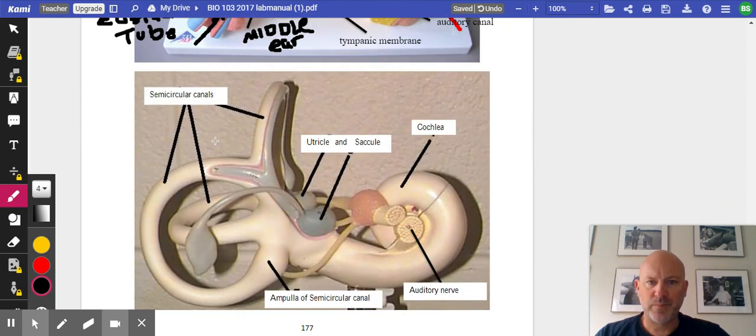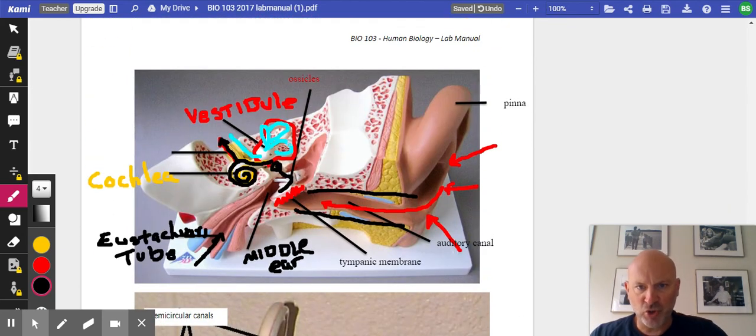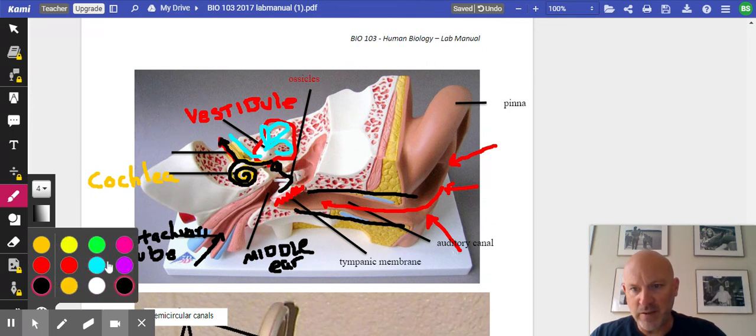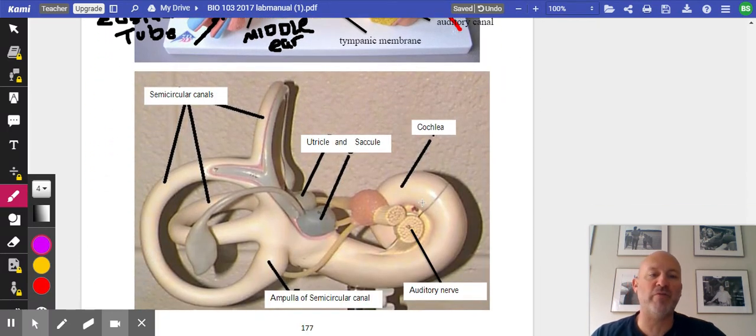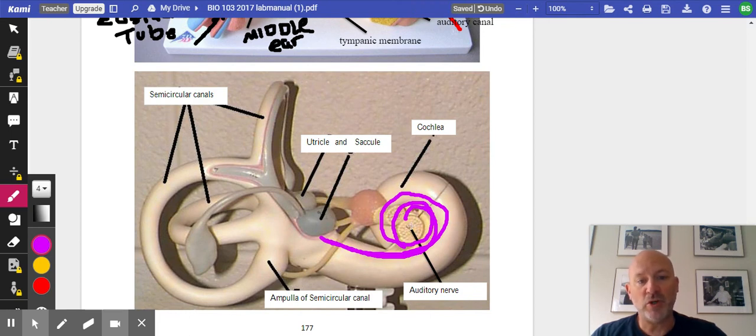Okay. Now this is a closer look. So if we zoom in at this area right here, the structures of the inner ear, now we're in reverse. We have the cochlea, right, which goes around and around. We have our two nerves. We have the auditory nerve, which is also called the cochlear nerve.